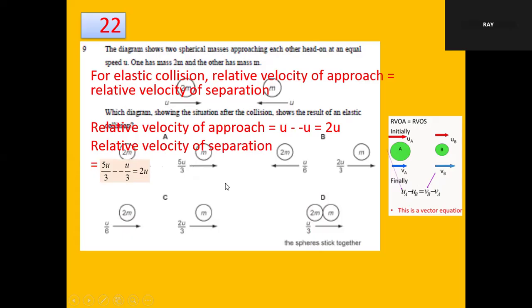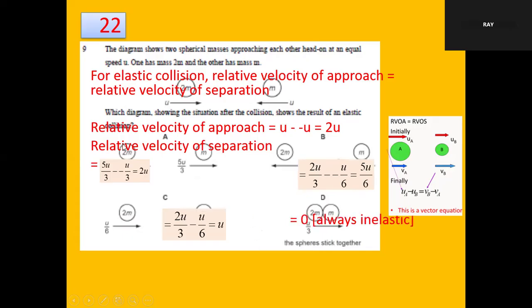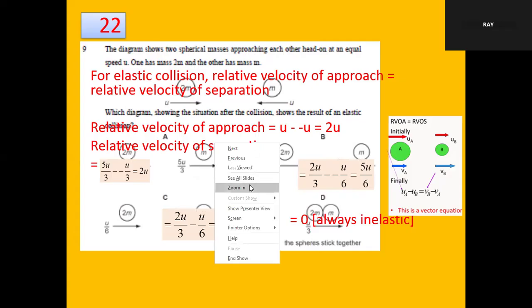So we can get our answer straight away. Add them up, same with the others. You can see the answer is always A or B only. The answer is A.